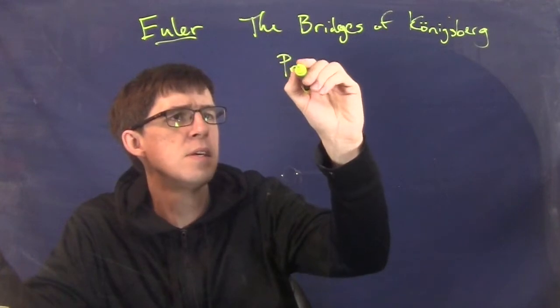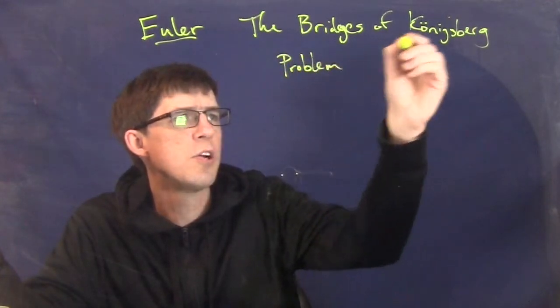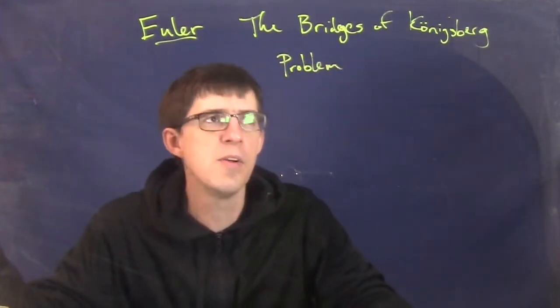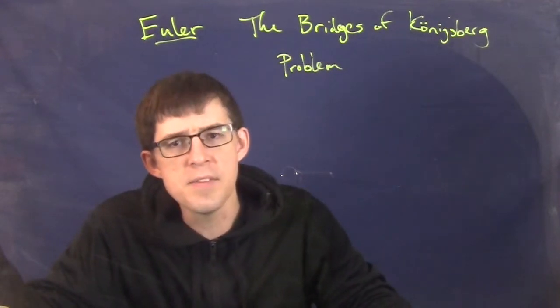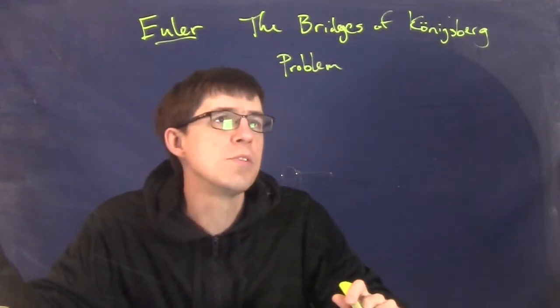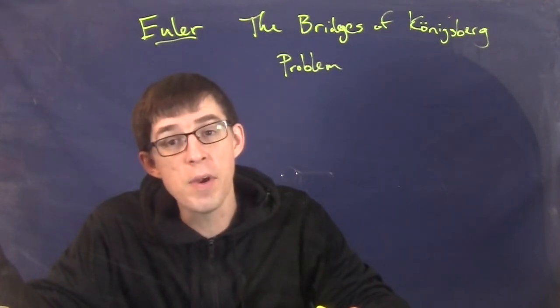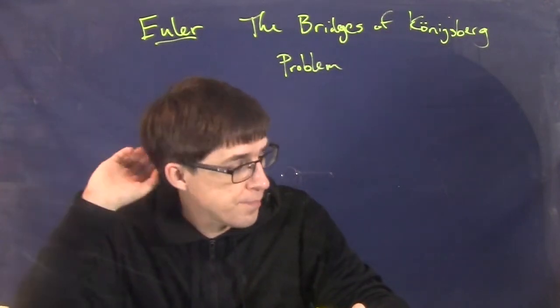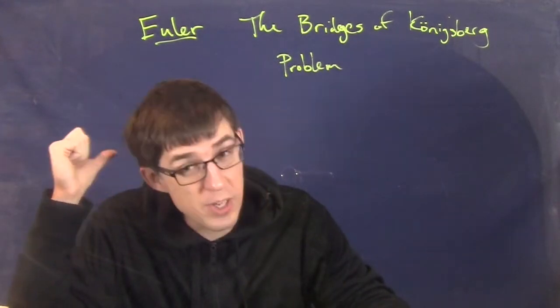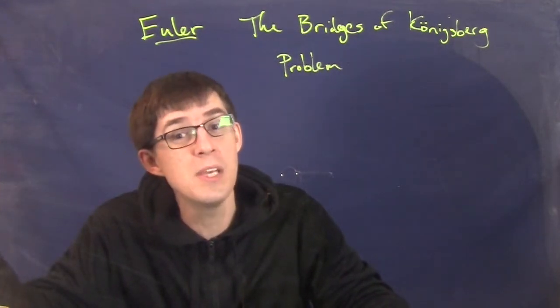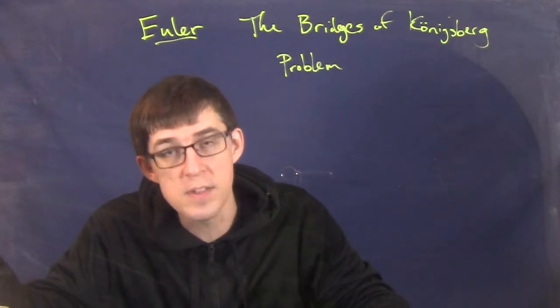This is a place. Königsberg is a city somewhere. I don't know where it is. This is like the late 1700s that Euler was around doing his business. Euler is one of the greats of all time. Like, for example, the number e. You may be familiar with the number e. It's named after Euler. The e stands for Euler.